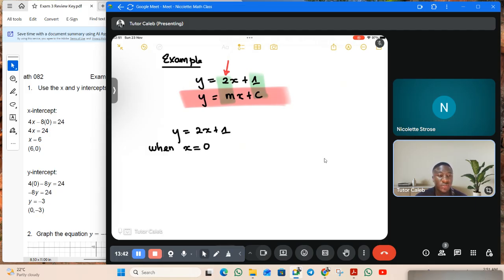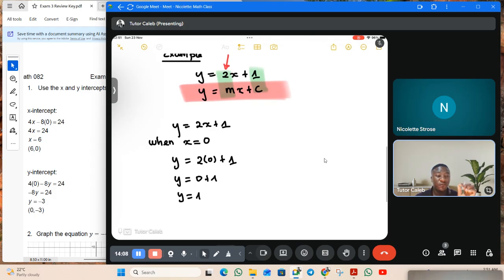When x equals 0, you're going to find the y-intercept. Wherever you see x in the equation above, you put 0. So I'll have y equals 2 into 0 plus 1. So y will equal 0 plus 1, and that will give me y to be 1.